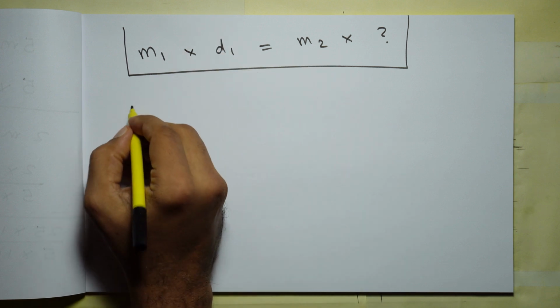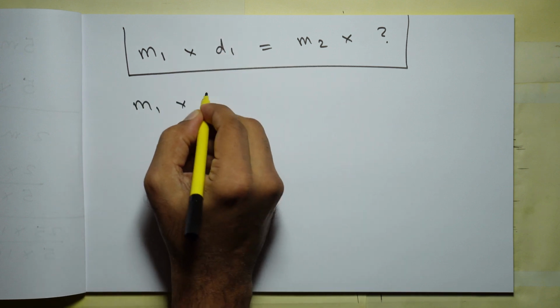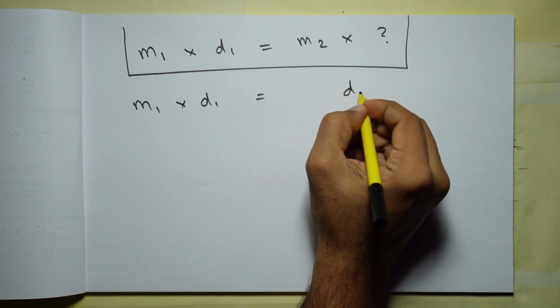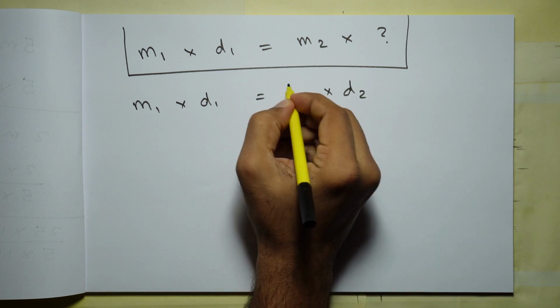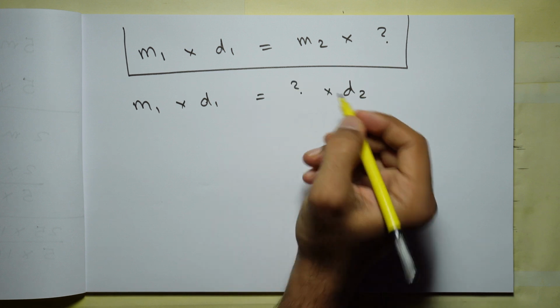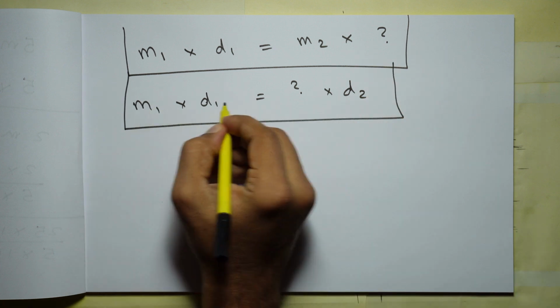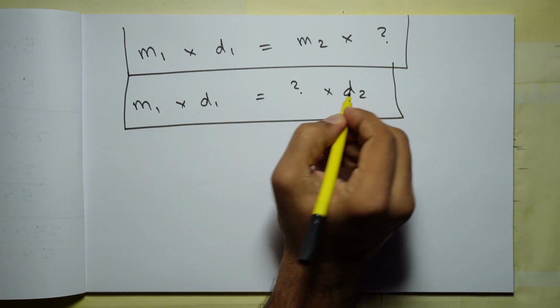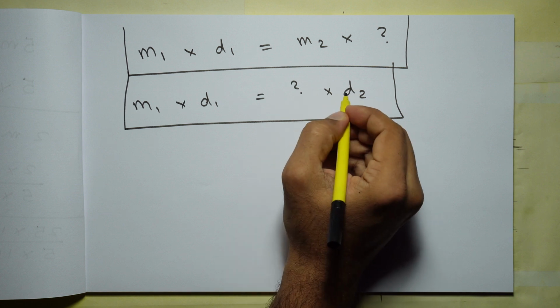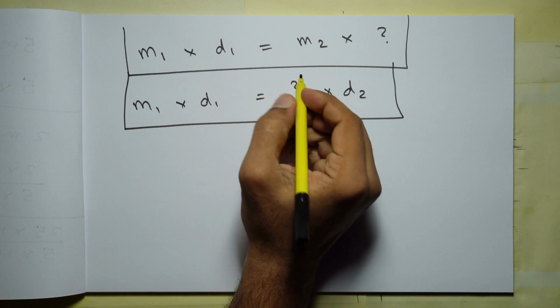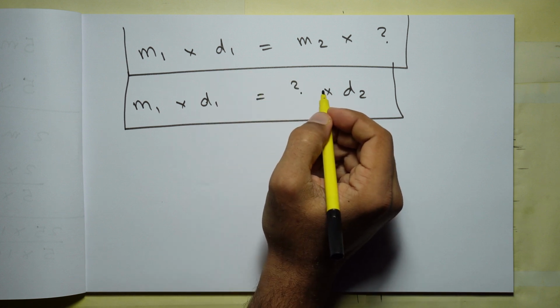Another question: M1 men need to work for D1 days to complete a work. Now the work has to be completed in D2 days. So how many men will be required? This is also another equation. Out of these 4 variables, any one variable will be unknown and that can be solved.